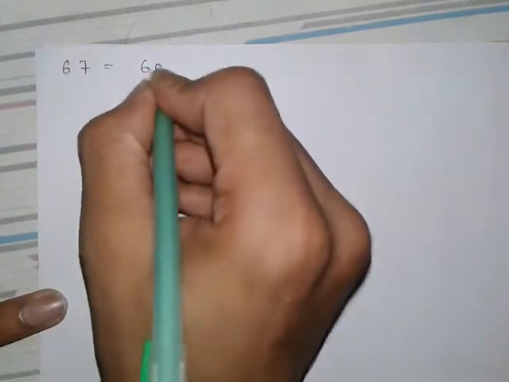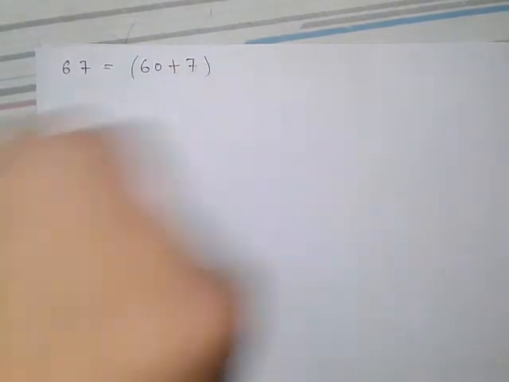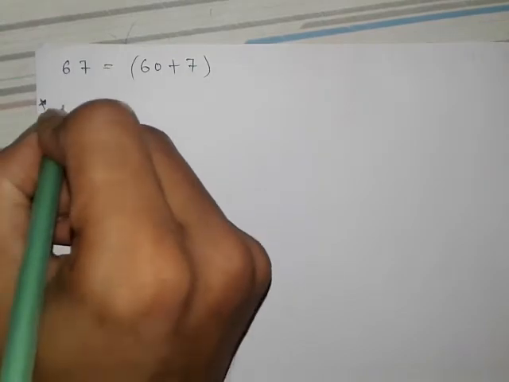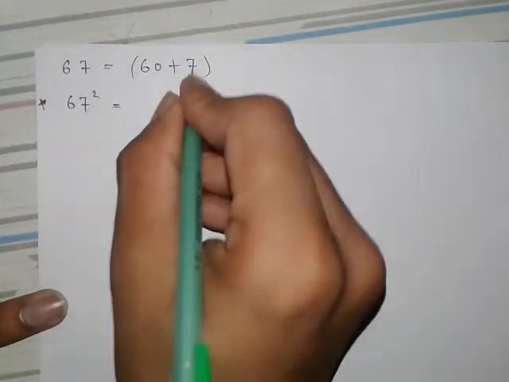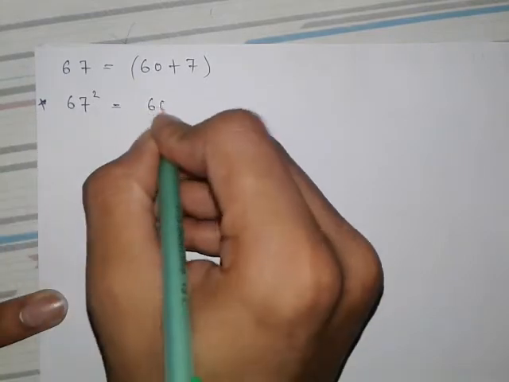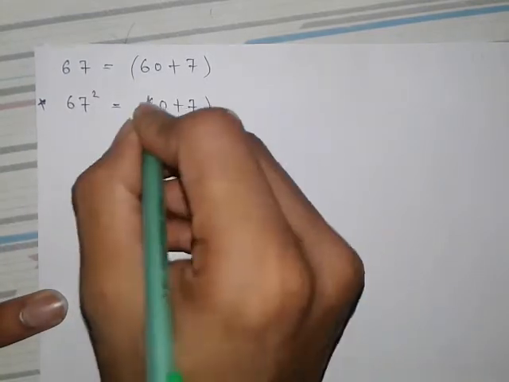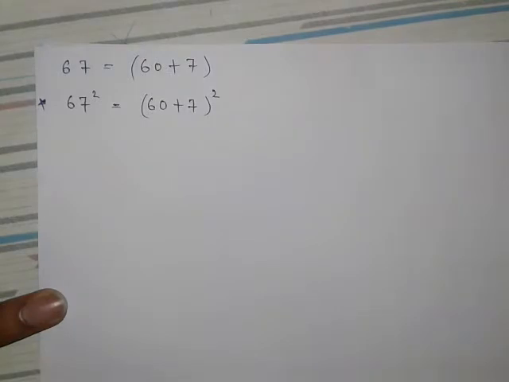Okay, so you see we can write 67 as the sum of 60 plus 7, isn't it? So if you want to find the square of 67, that simply means that you have to find the square of (60 plus 7) the whole square.